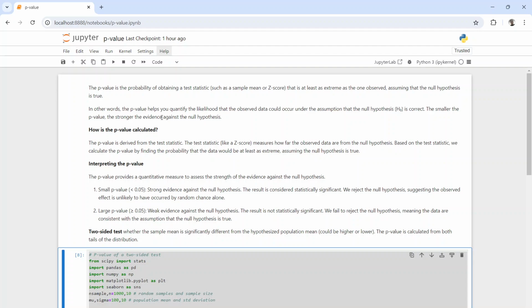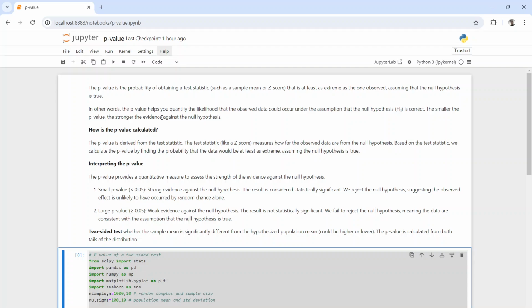But if we have a p-value greater than or equal to 0.05, it suggests weak evidence against the null hypothesis, and in this case the result is not statistically significant and we fail to reject the null hypothesis, meaning that the data is consistent with the assumption that the null hypothesis is true.